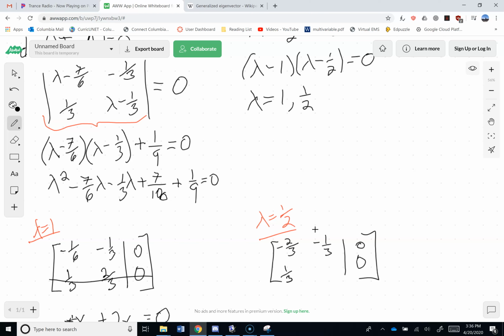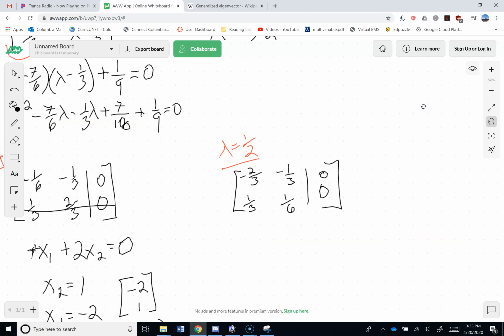A half minus 1/3 is a 1/6. Okay, good. And this tells me that x1 plus 2x2 is 0. That scares me.